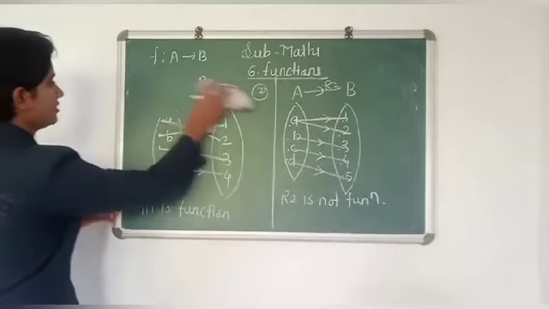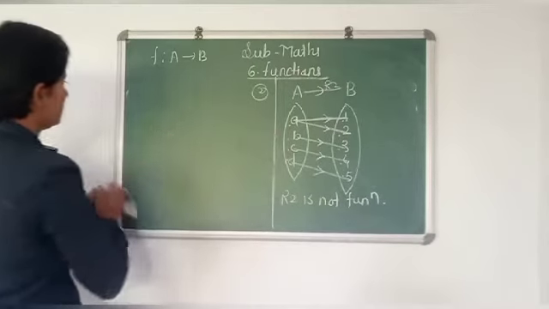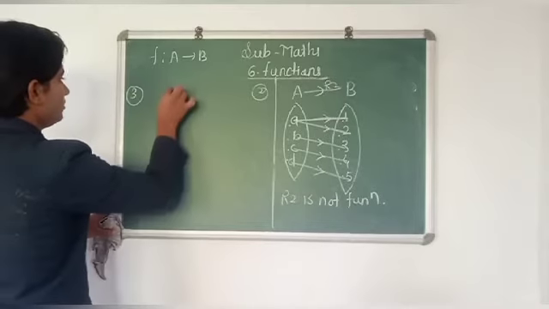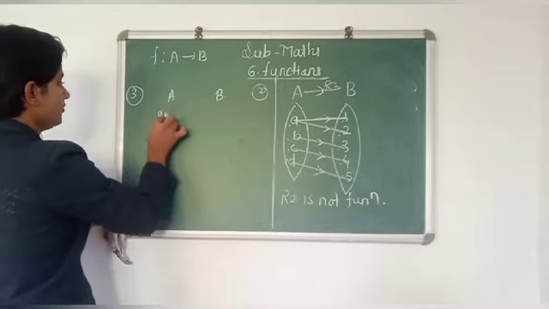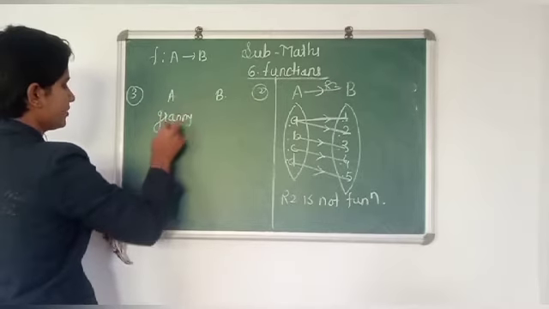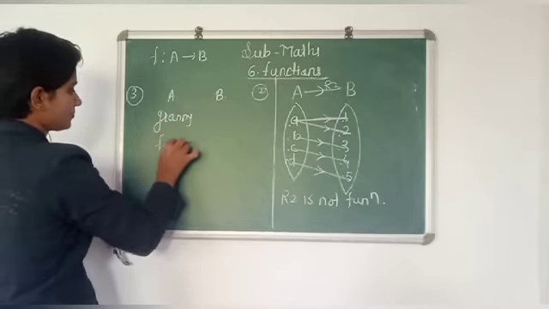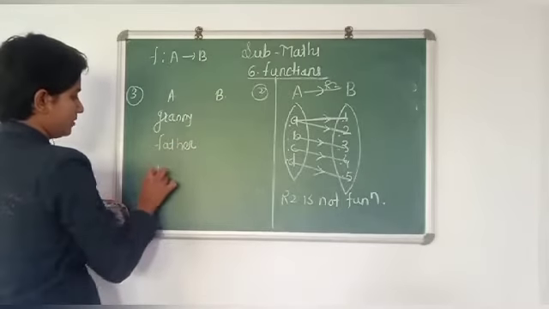Now see the third example. Suppose set A contains family members and set B also contains family members. Suppose set A contains the first member granny, second the father, and third the brother.